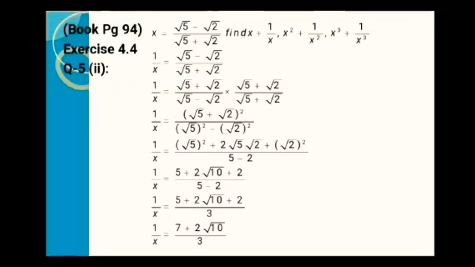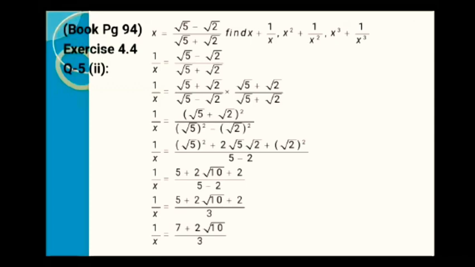Next step is you have to find out 1 over x. First you rationalized x and now you will find 1 over x. So you will substitute the value of x in 1 over x, which will be the reciprocal of x. Under root 5 minus under root 2 divided by under root 5 plus under root 2, which will become under root 5 plus under root 2 divided by under root 5 minus under root 2.